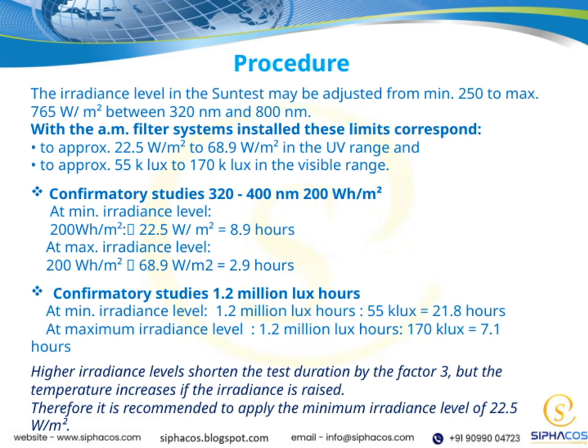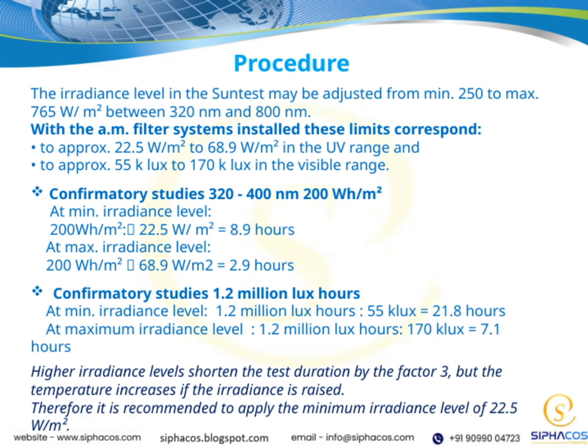Now, let's consider what this means for our test durations, especially in terms of confirmatory studies. For example, in the 320 to 400 nanometer range, if we want to deliver 200 watt-hours per square meter, at the minimum irradiance level of 22.5 W/m², it will take about 8.9 hours.